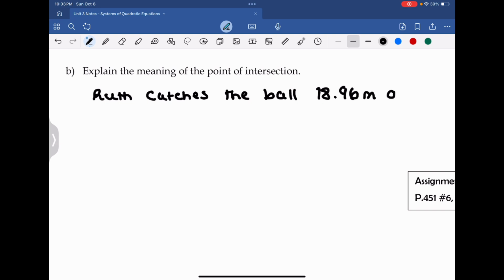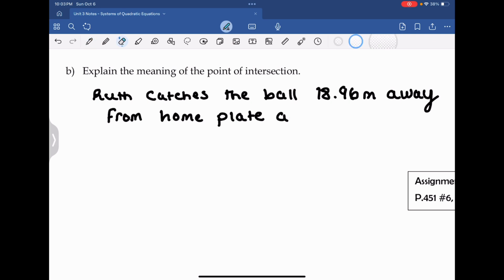Ruth catches the ball 18.96 meters away from home plate and 1.96 meters in the air.